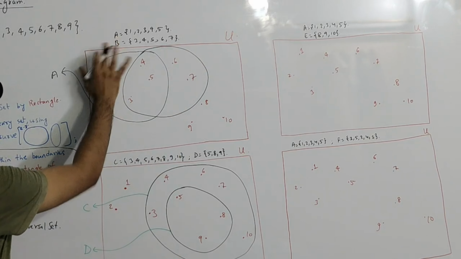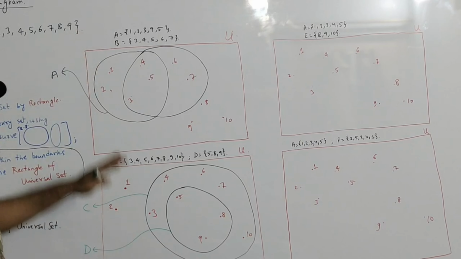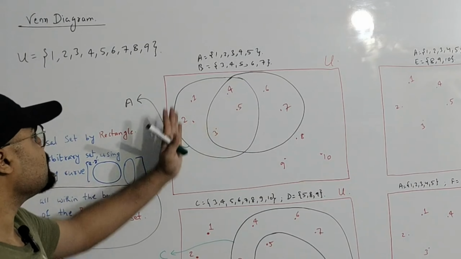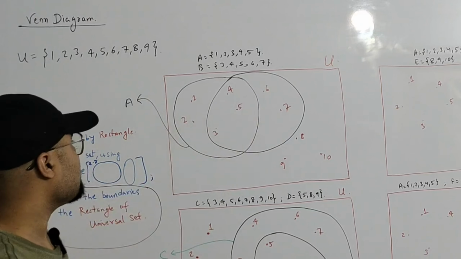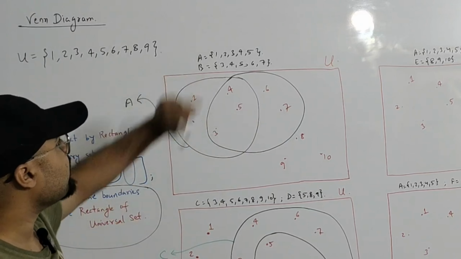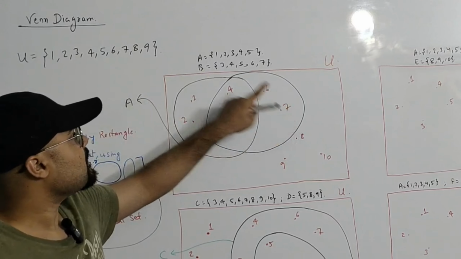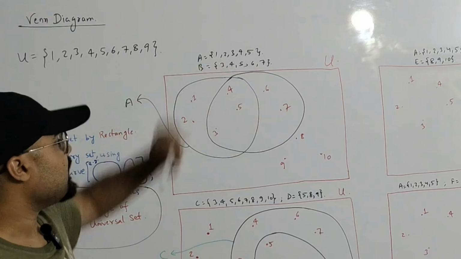And A and B, it's not like any of them is a subset of one another. They have some elements in common, and some elements exclusive to A and some elements exclusive to B. 1 and 2 are exclusive to A, 1 and 2 are not present in B. Similarly, 6 and 7 are exclusive to B, 6 and 7 are not present in A.